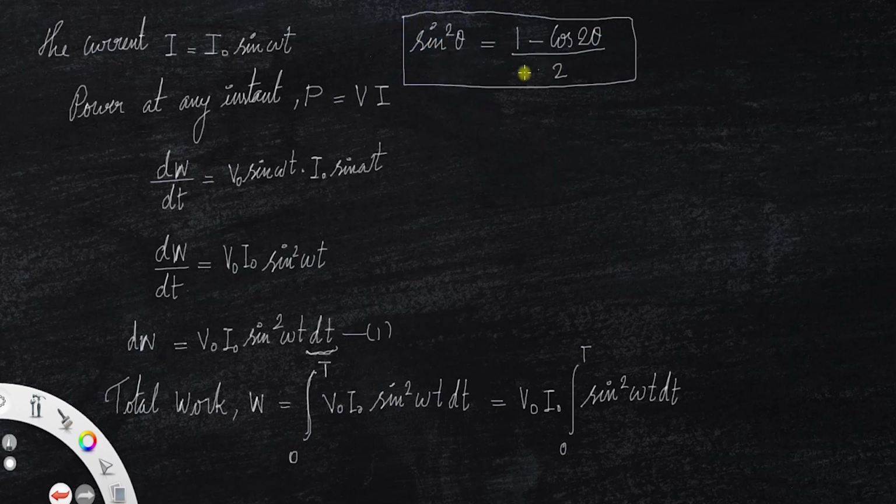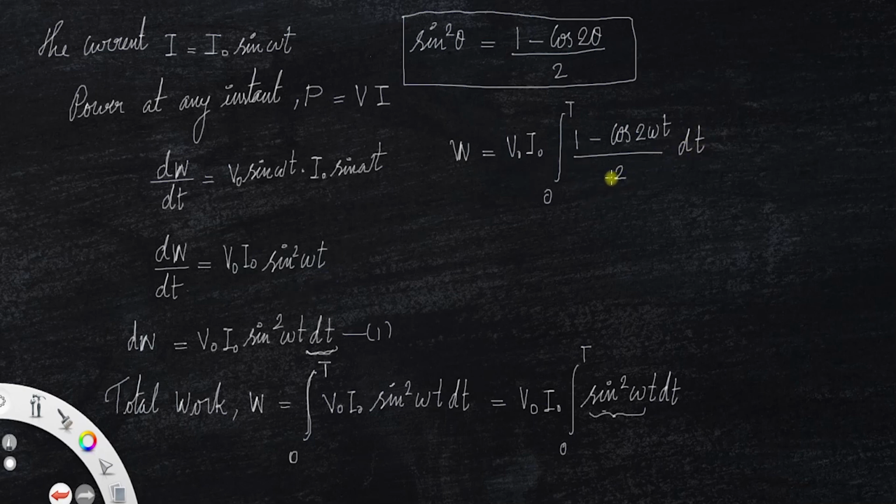Using this identity, work W is equal to V0 I0 integral 0 to T of 1 minus cos 2 omega t, whole divided by 2, dt, where theta is omega t.